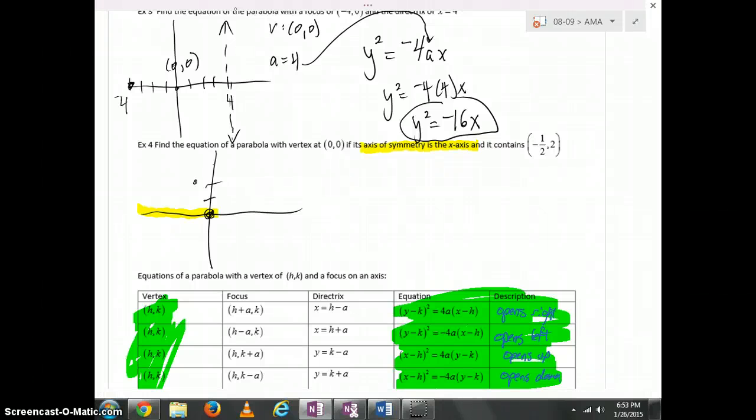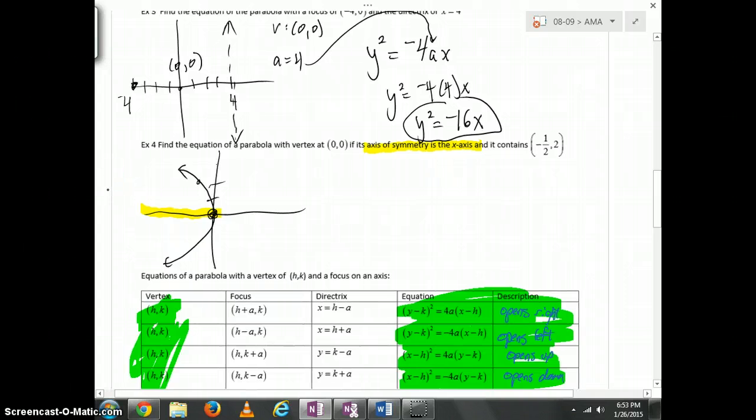It's going to allow us to reflect our parabola over itself. And if that's the case, we should know that our parabola should be opening up towards the left. It should be working this way. Otherwise, if it was opening upwards, if it was looking something like this, our axis of symmetry would be a vertical line. It would be, in that other instance, the y-axis.